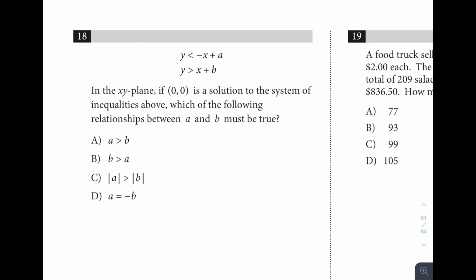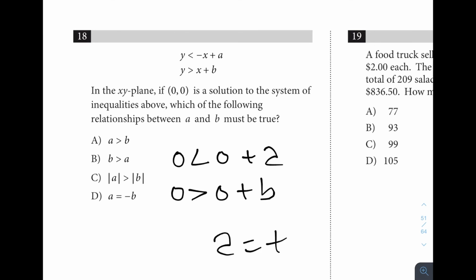We have 0 is less than 0 plus A. And then we have 0 is greater than 0 plus B. So A is going to have to be a positive number to make this true, and B is going to have to be negative. So that means that A is going to be greater than B, which is 18A.